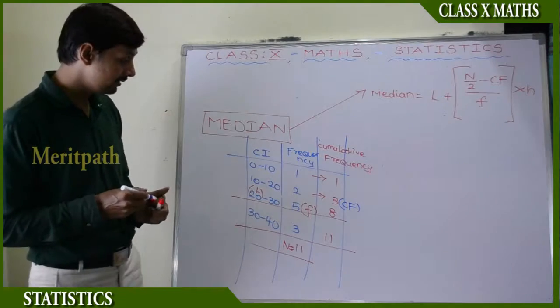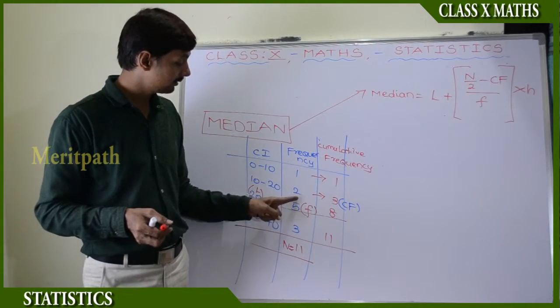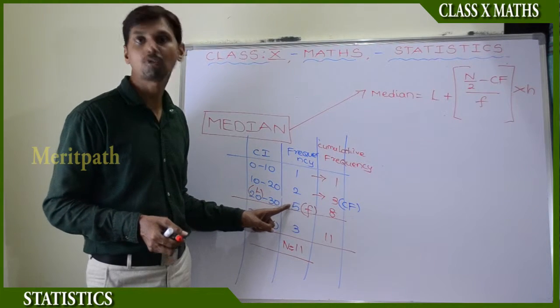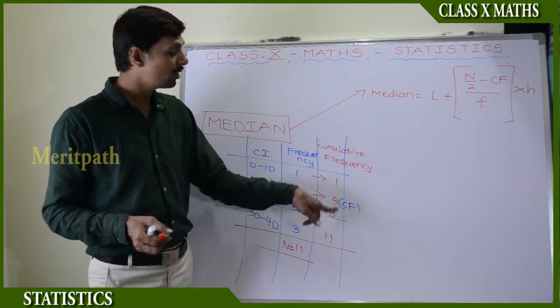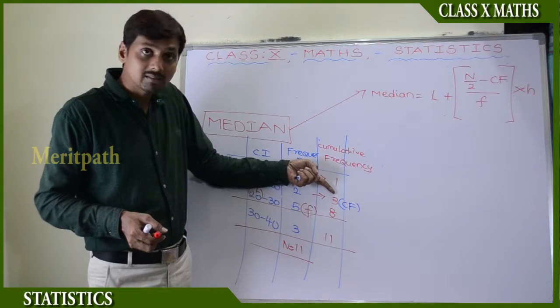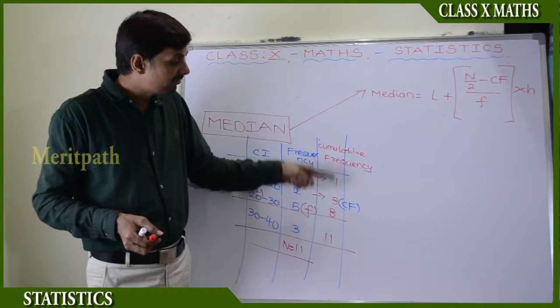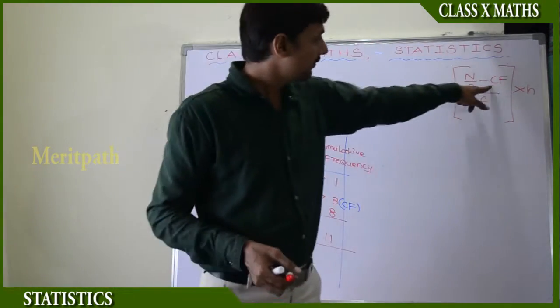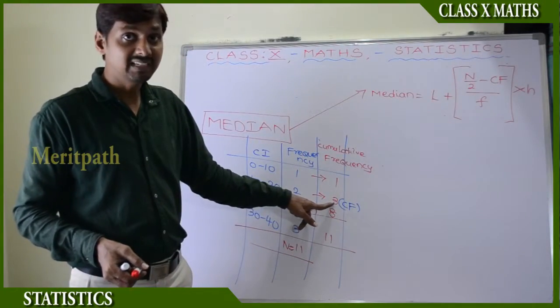Let's recall again: among all the frequencies, the highest frequency is called small f. The cumulative frequency of the class preceding it is called CF. So CF is 3 here.